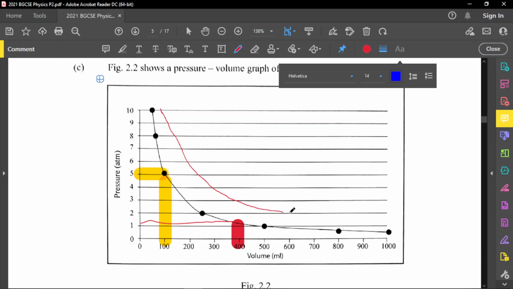So what you're going to have is a graph looking something like this. Since both are higher than the first one, the graph will look something like this. Higher volume, and higher pressure as well. But what remains is that the curve looks the same, because the relationship, let me write it down, PV over T gives you a constant.